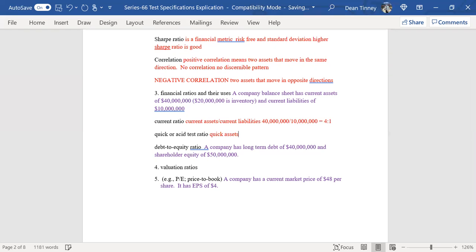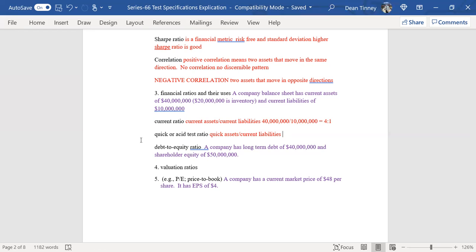And we're going to divide by the current liabilities. And the quick assets doesn't count the inventory. So here we would toss out the inventory. We said, well, we have 40 million in current assets, but with the acid test, the quick ratio, we don't want to have to turn inventory into cash quickly.